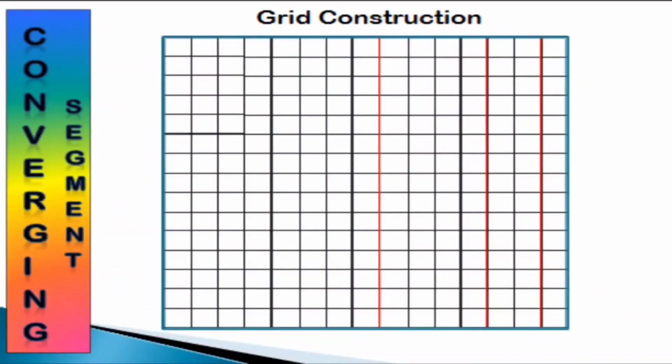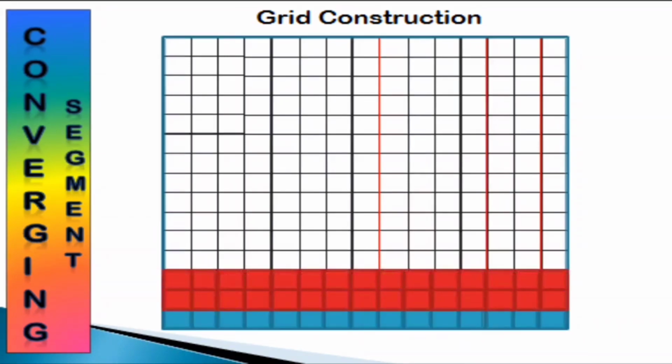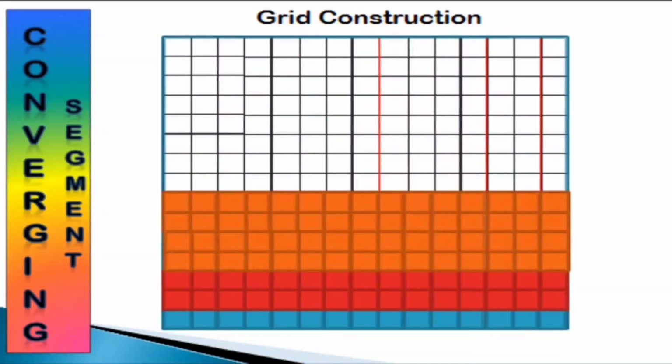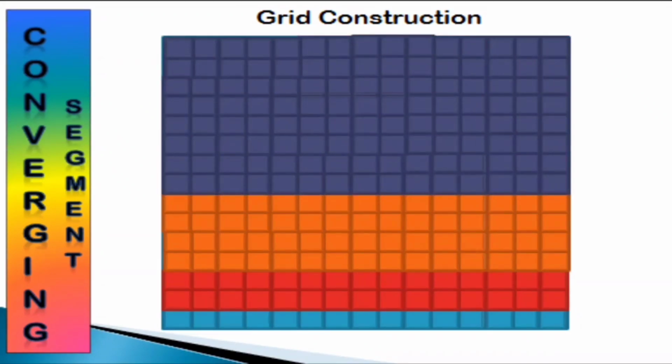Next, let us start at the lower part of quadrant 2. Again, we are going to use 1 row for the first horizontal line of our grid, 2 rows for the second horizontal line, 4 rows for the third horizontal line, and 8 rows for the fourth horizontal line.